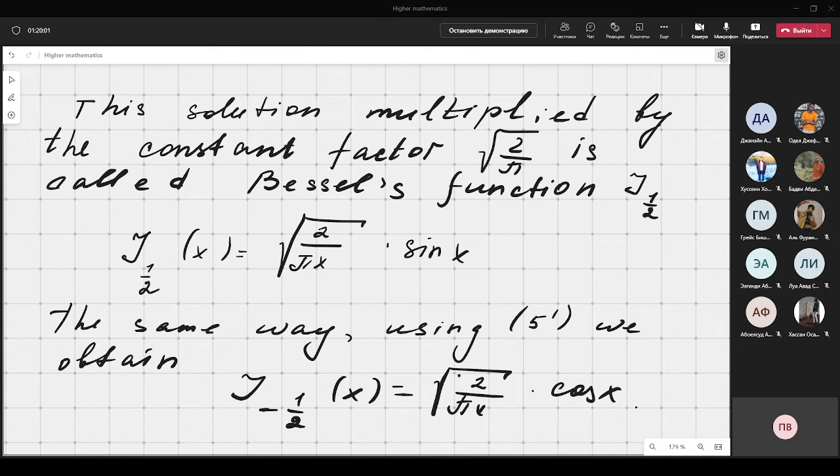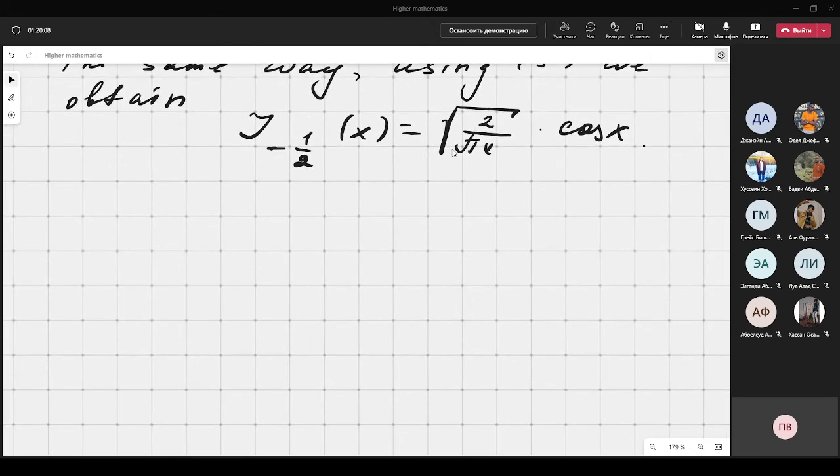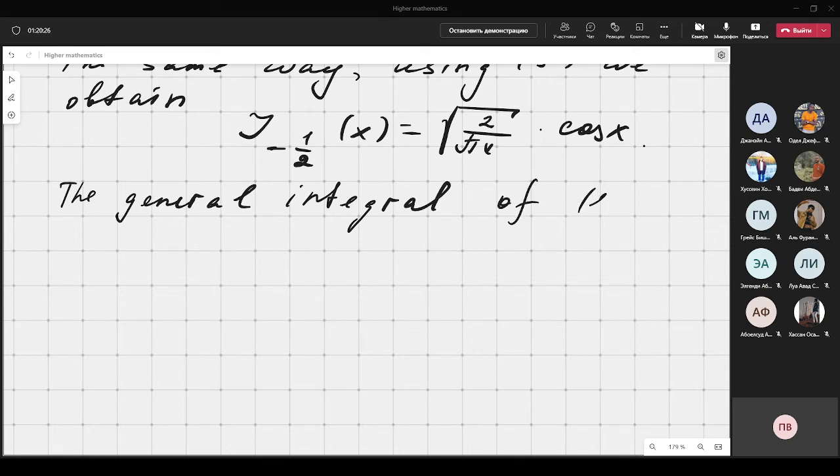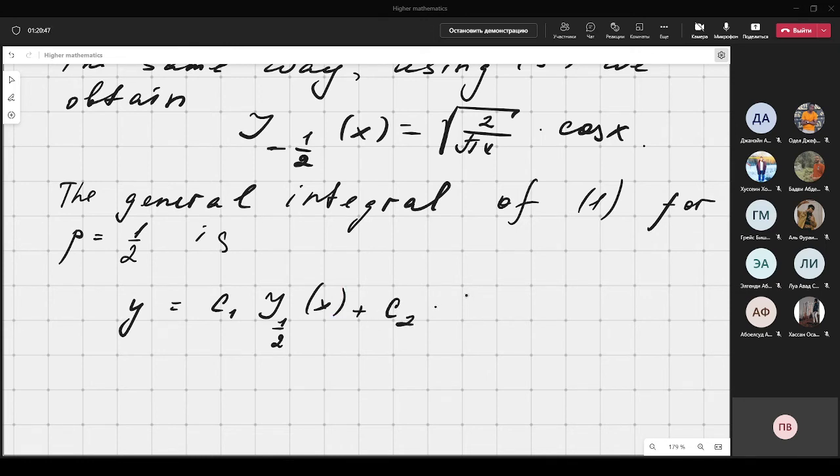The general integral of 1 for p equal to 1 over 2 is y equals c first times J with the lower index 1 over 2 of x plus c second times J with the lower index minus 1 over 2 of x.